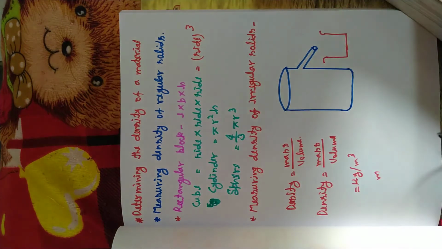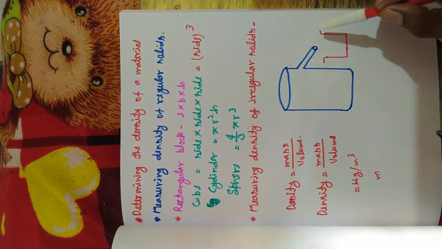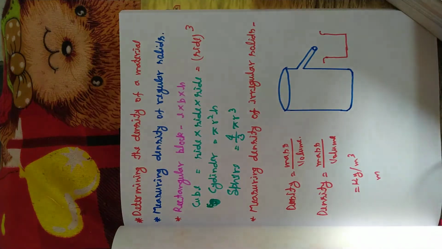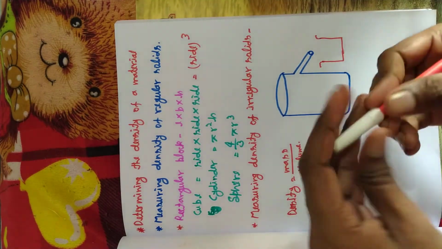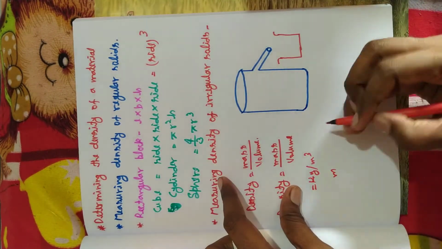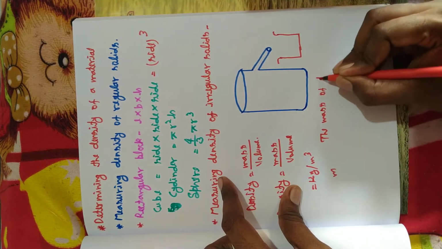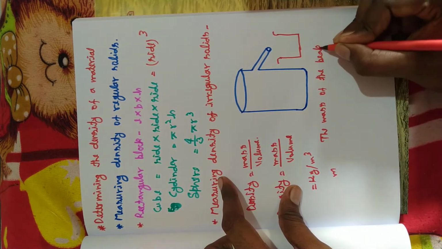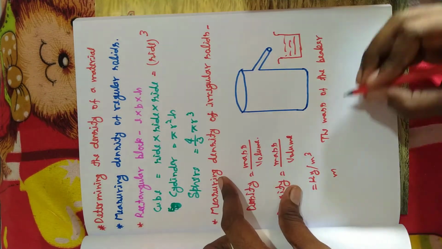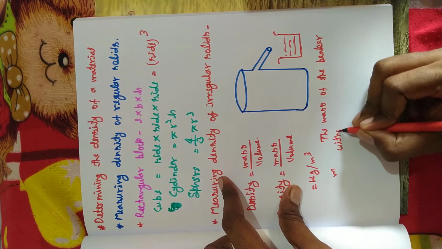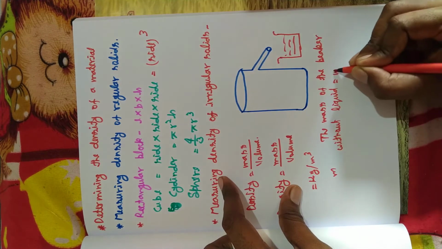Now measure the mass of the beaker again, say now M2. Listen very carefully, the mass of the beaker without water is equal to M1.